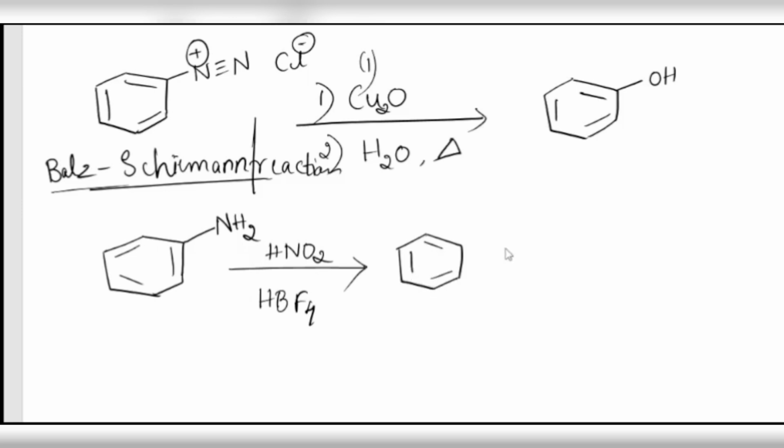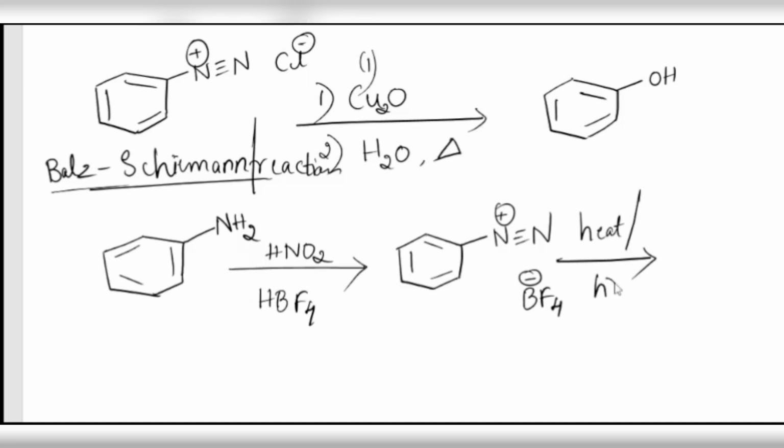Here the benzene ring will be there, and the anion group is tetrafluoroborate, like this, negative charge. And when this one gets heated, heat or light, I will be writing over here.